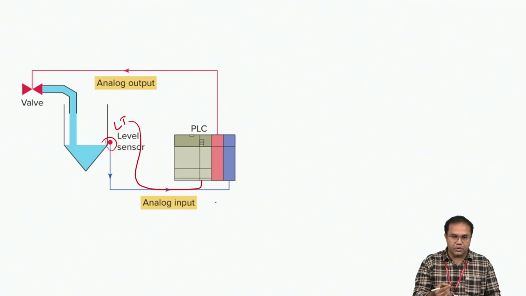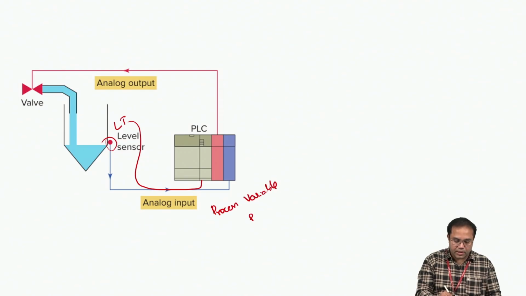In a process we can call it the process variable, or in short, PV. So the output of the level sensor is the PV, and the PLC will process this PV. We will give some set point. We want to maintain some level, and at what level you want to maintain, that is nothing but the set point.